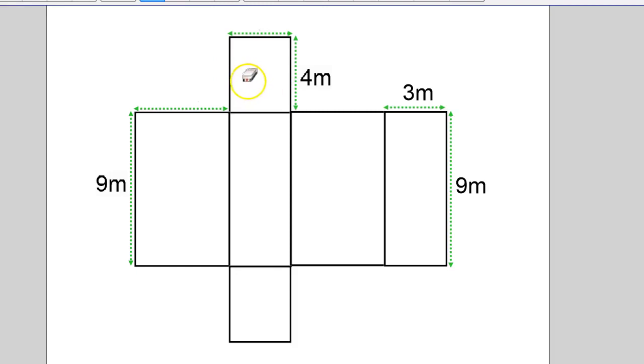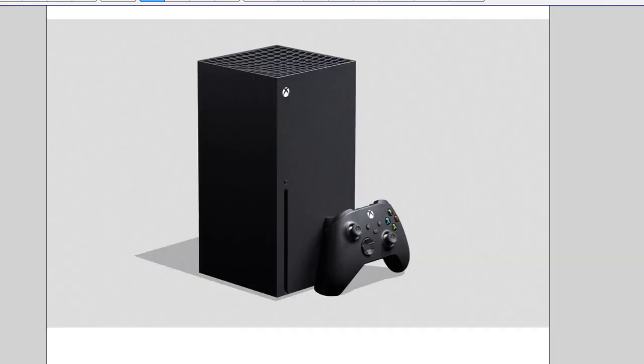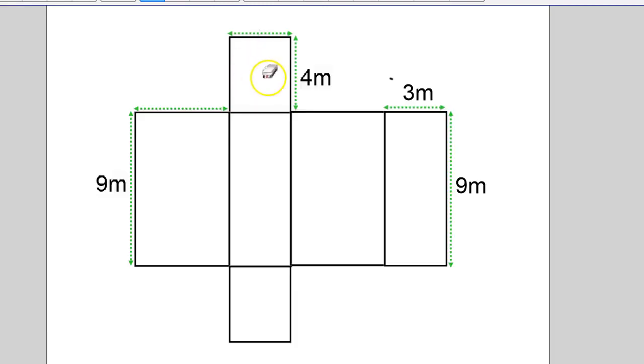Now, the reason why I'm telling you that is because you may have noticed that some of the dimensions are missing. So we have these 2, that's cool, but there's one missing up here, and there's one missing here as well. But it's very easy to work them out when you think about what the shape looks like as a 3-dimensional shape, because this top here, that 4 is shared with this here.